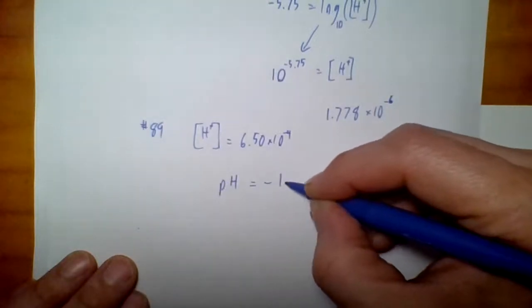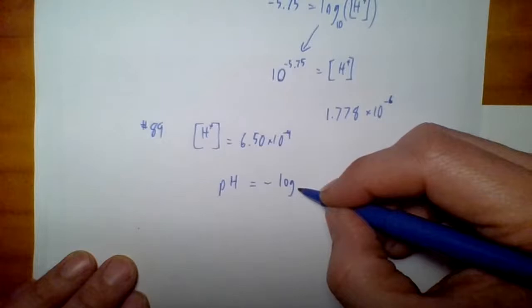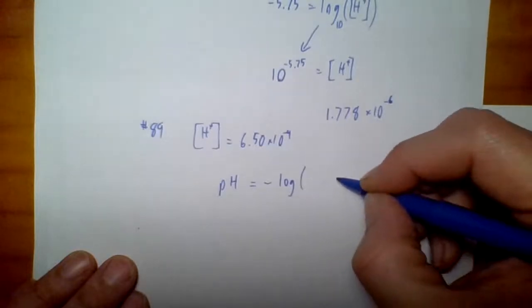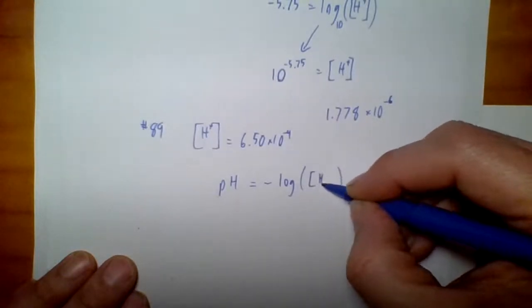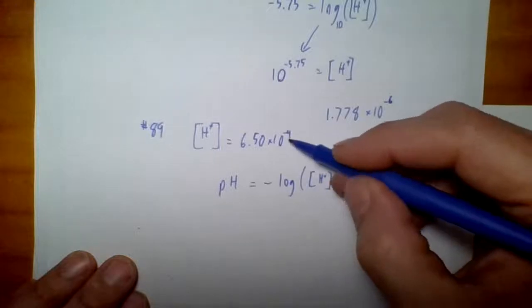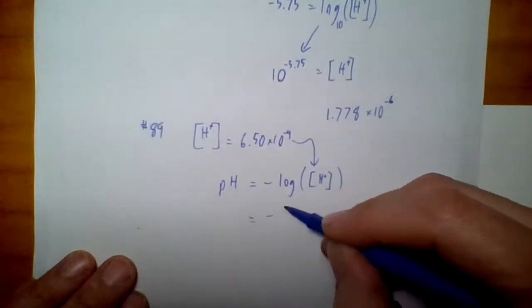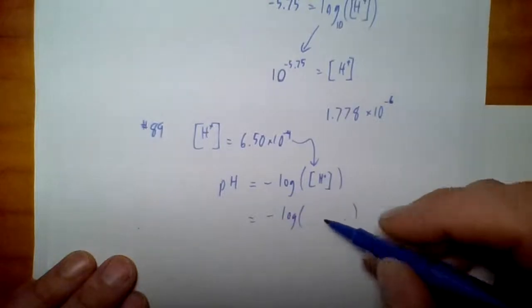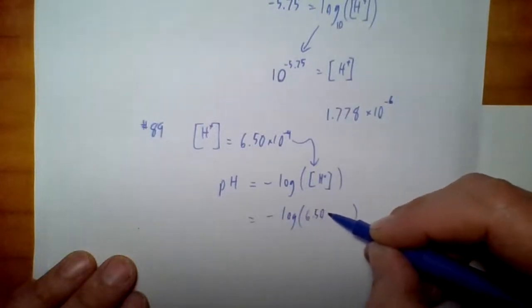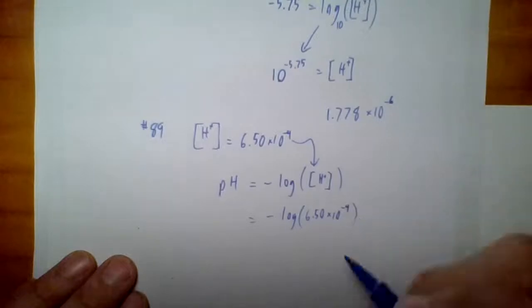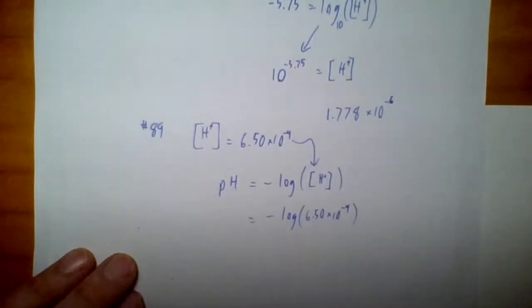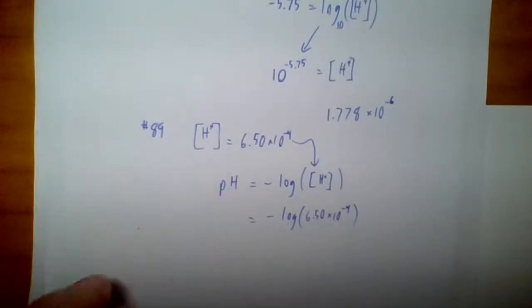The pH is negative log of the concentration. So if you know the concentration, you know the input, and you're just doing this calculation: minus log of 6.50 times 10 to the minus 4. And that you can calculate directly. We don't have to do anything to get it by itself because this formula is already written with the pH by itself.